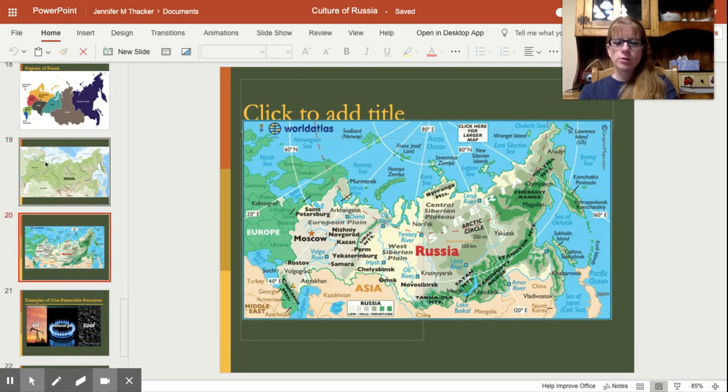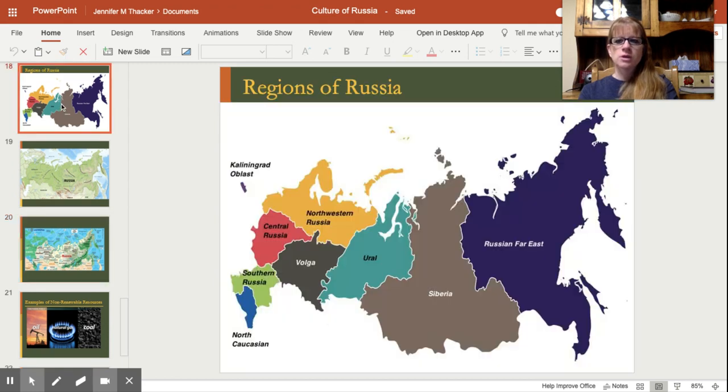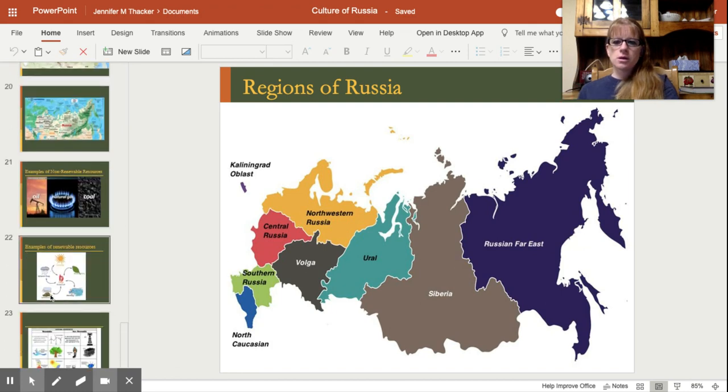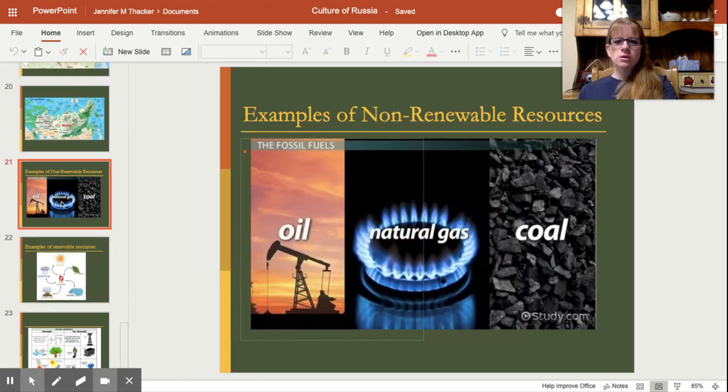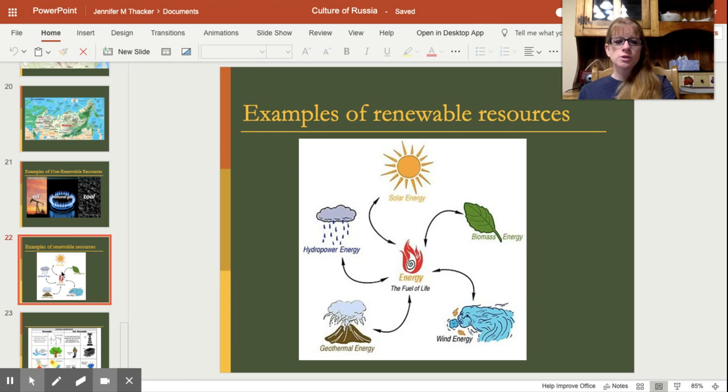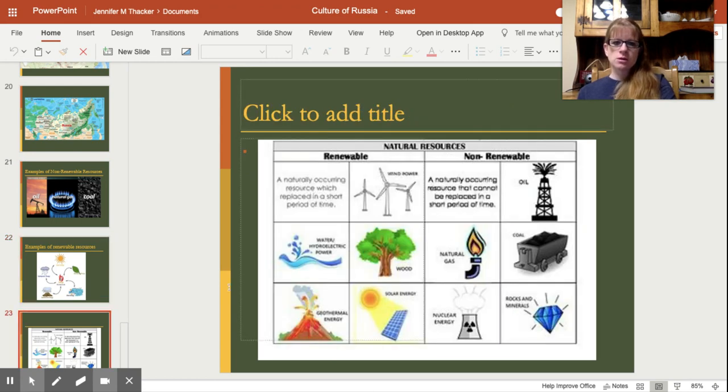These two will help you with the map of Russia. This one will help you with the 5 themes of geography one. And these two, the non-renewable, renewable resources, will help you with that one. And this is just another example of non-renewable, renewable resources.